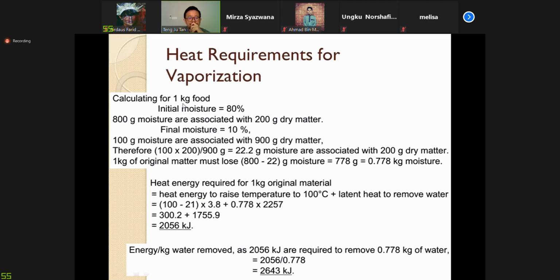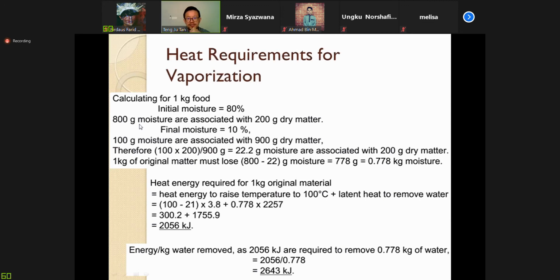Now, because you only remove the water, the dry matter is still the same for 1 kg of initial food. So 1 kg of original matter must lose how many grams of moisture? Originally you have 1 kg of food with 800 grams of water.